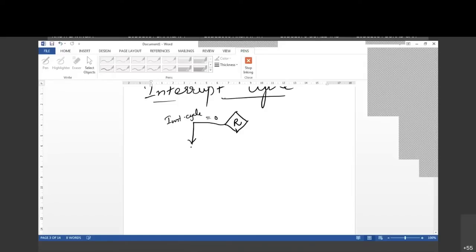In the normal instruction cycle, it will start with the fetch and decode phase. It will fetch and decode the instruction, and then it would execute the instruction. This is the instruction cycle which we studied earlier.